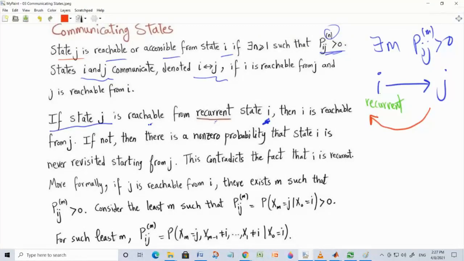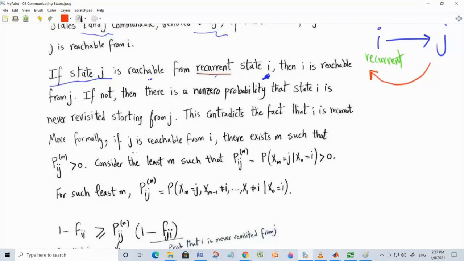So if i is recurrent and j is accessible from i, suppose by way of contradiction that i is not reachable from j. Then with a positive probability, you will go from i to j, and then you will never come back to i. But this contradicts the fact that i is recurrent. So this is the informal reasoning that it must be the case that i is accessible from j.